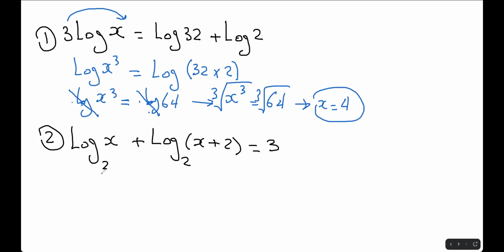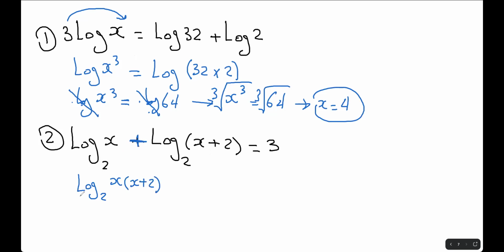Now with this one right here, this is the addition sign right here. So it follows the same thing as this, except now you have equations. So you go log base 2 of x times x plus 2. So you're combining the two logs.